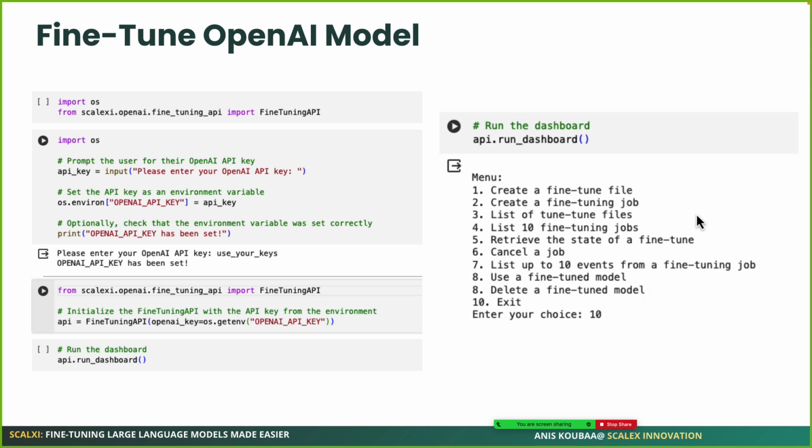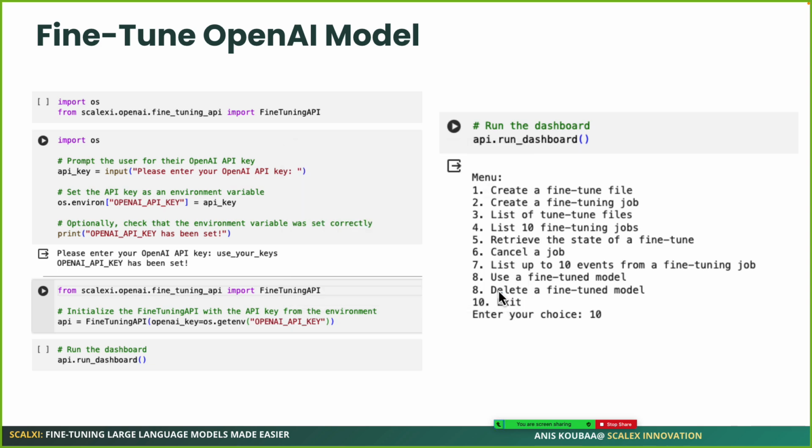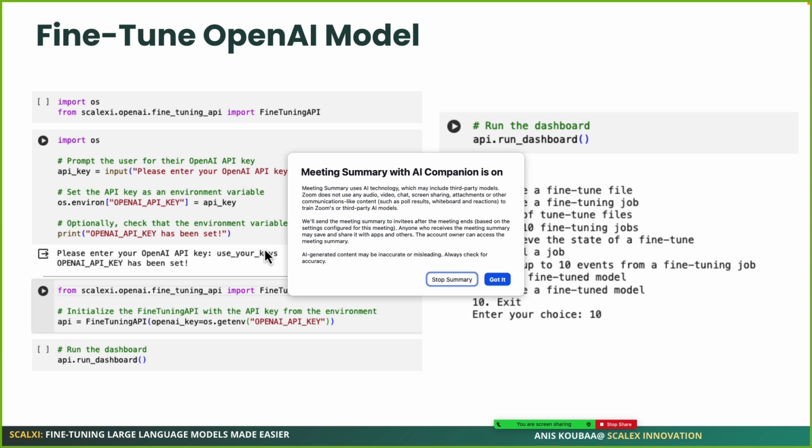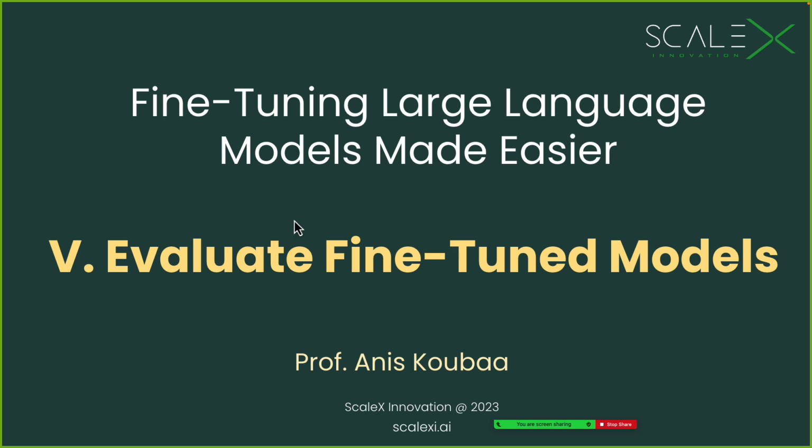All of these are available using this interface, just to simplify how to work with the OpenAI API, because the OpenAI API has a steep learning curve. So with this tool, it becomes much more affordable to fine-tune your model.